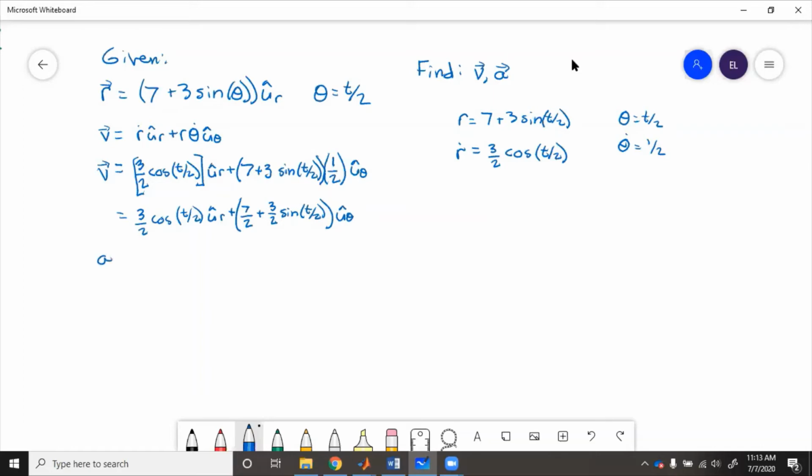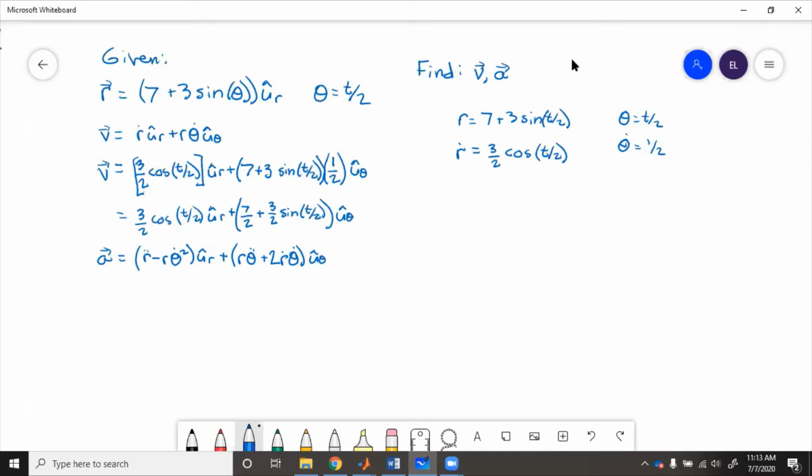Now to get acceleration, we know from our acceleration formula, we will have r double dot minus r theta dot squared u_r plus r theta double dot plus 2 r dot theta dot u_theta.